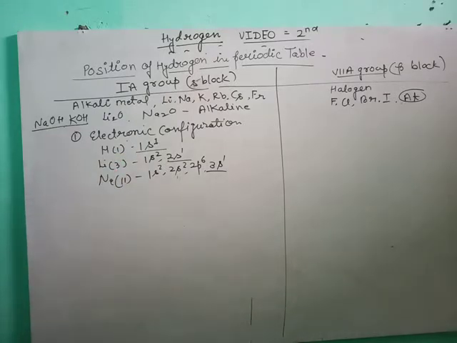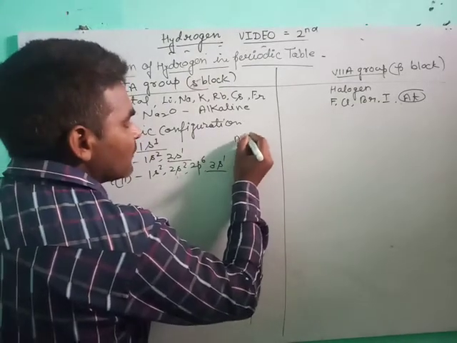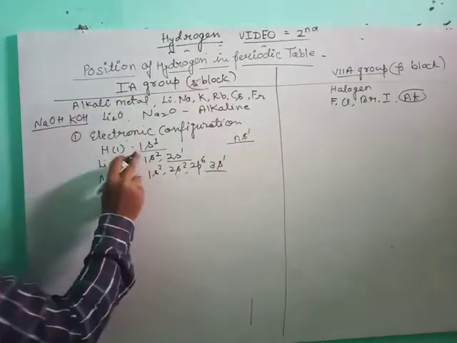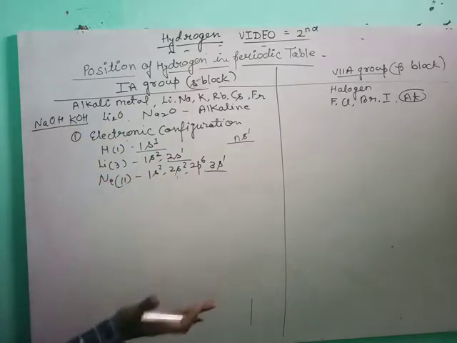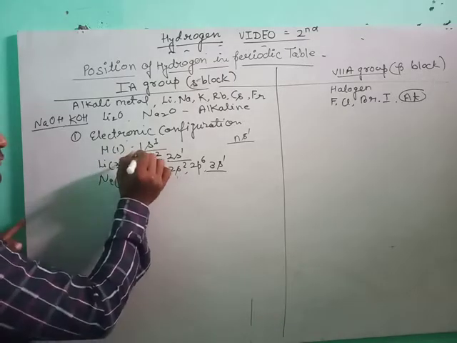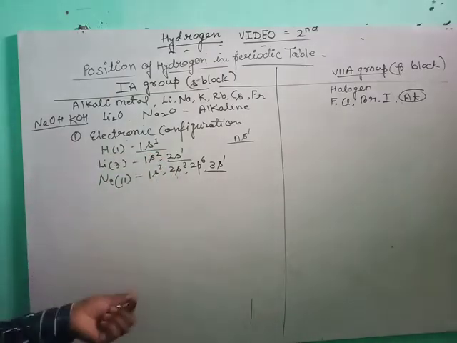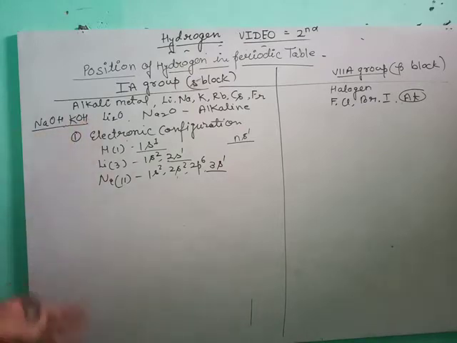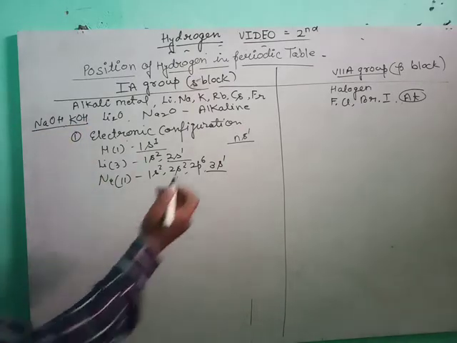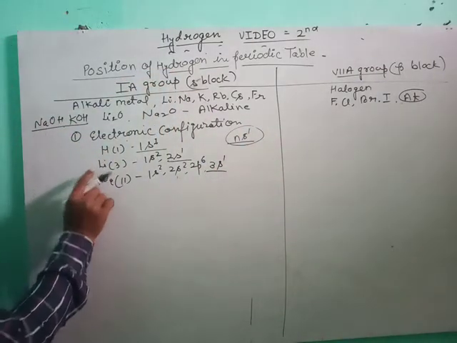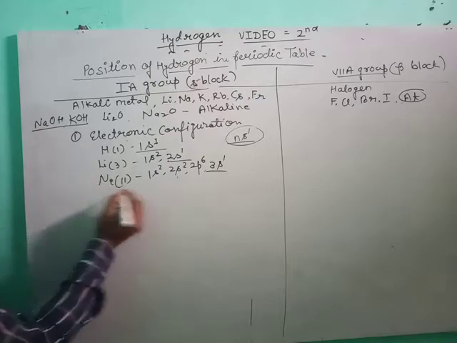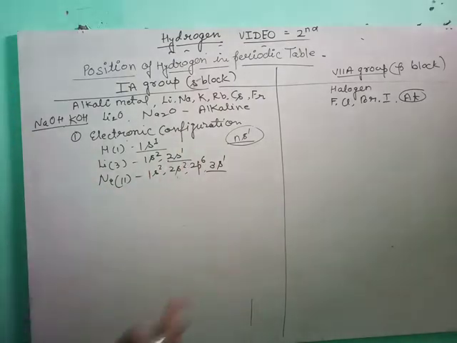So I see that all elements have one electron in the outermost shell, and the electronic configuration is based on the general formula ns1: 1s1, 2s1 and 3s1 and so on. In potassium 4s1, 5s1 and 6s1. So according to electronic configuration, hydrogen follows the electronic configuration of the first A group, meaning all elements of the first A group have outer electronic configuration ns1, like lithium 2s1, sodium 3s1, potassium 4s1 and so on, 5s1, 6s1 and 7s1.